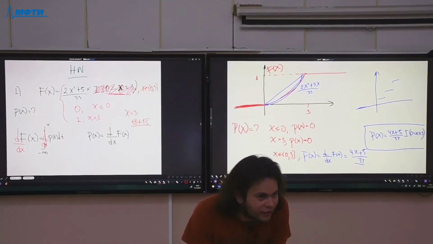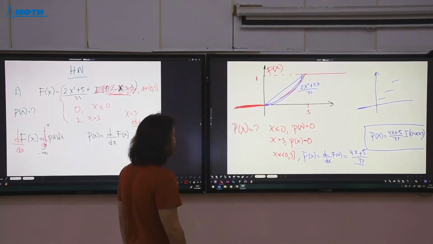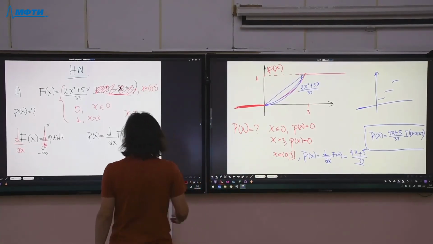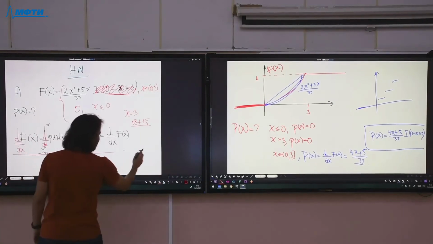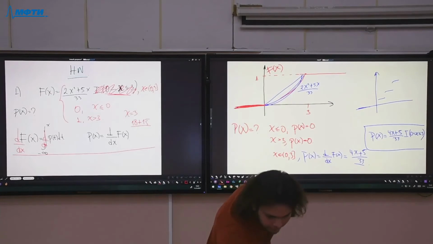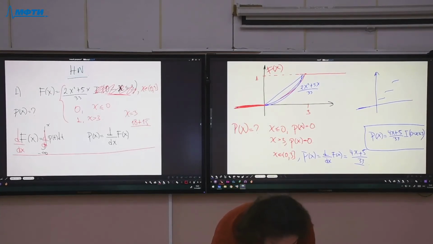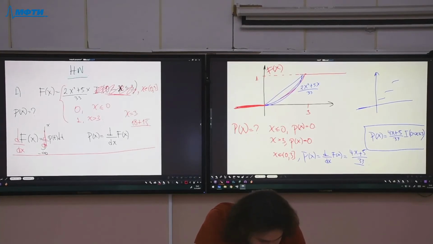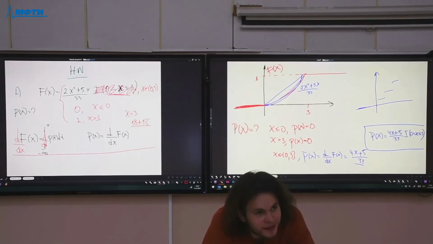All right. So we already found this. Good. Great. What else do we need to find? Well, we haven't looked at the expected value and all of that, right?